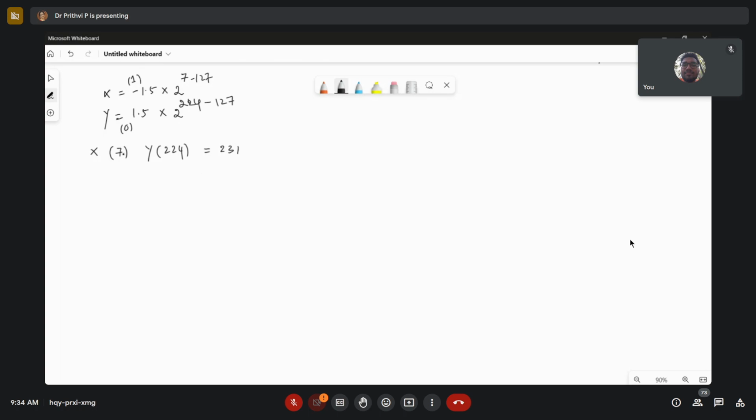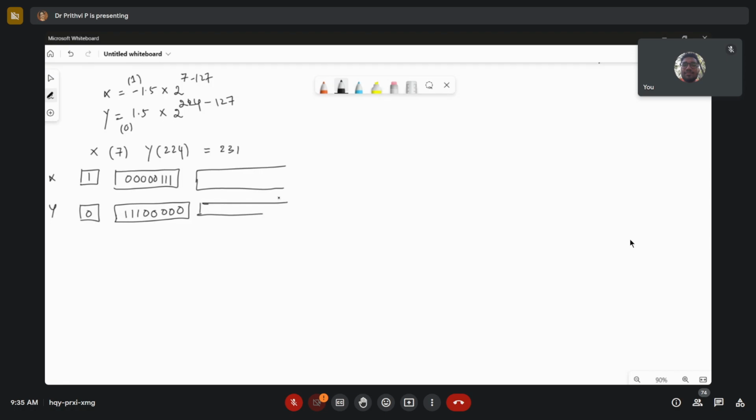When representing this in IEEE format, for x this is 1 followed by the exponent bits, and for y it is 0 followed by 224, meaning 1, 2, 4, 8, 16, 32, 64. So this will be 224 if you verify the value.